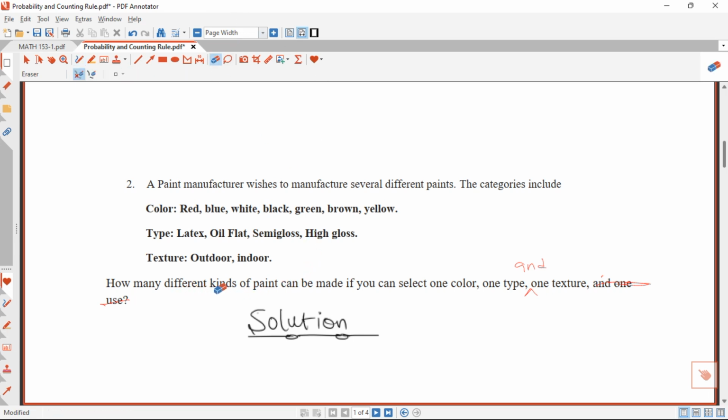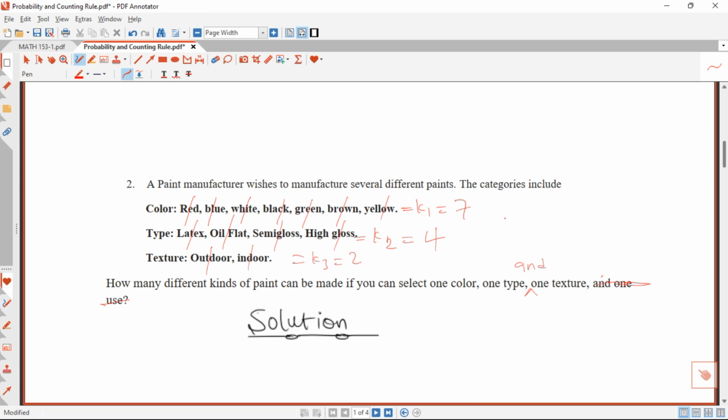How many different kinds of paint can be made if you can select one color, one type, and one texture? The number of observations for the color, let's represent it by k1, is equal to 7, because when you count 1, 2, 3, 4, 5, 6, 7, you have 7. For the type, k2 is equal to 4. Then for the texture we have outdoor and indoor, so k3 is equal to 2.